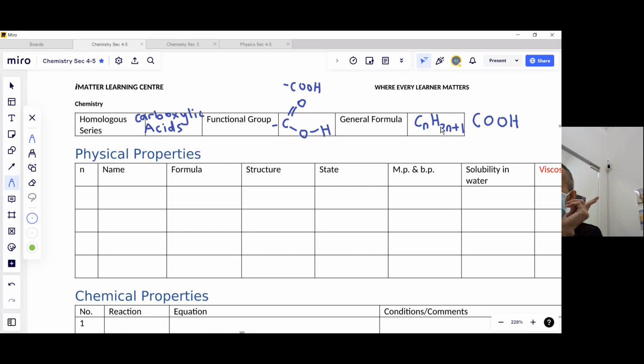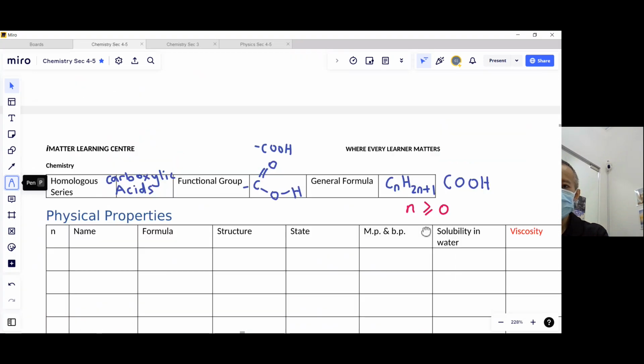But there's one important thing: n, as always, is an integer, but it can start from 0. For this particular group, n starts from 0, not 1. That covers all the 4 groups you need to know: alkanes, alkenes, alcohols, carboxylic acids.